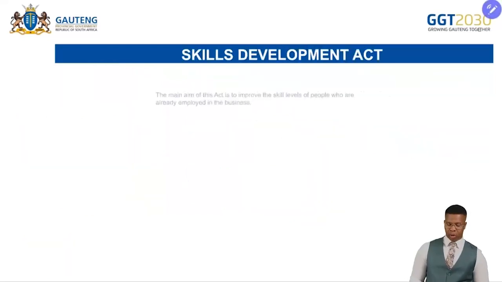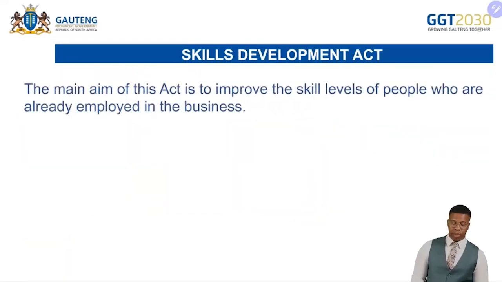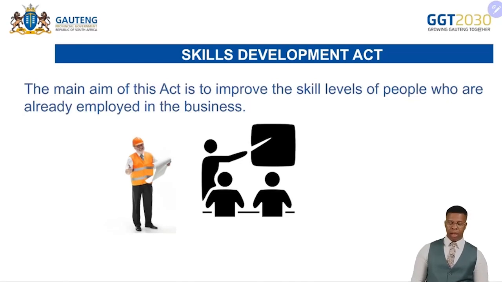Now let's start with our Skills Development Act as a revision of something you did back in term 1. The main aim of the Skills Development Act is to improve the skill levels of people who are already employed in the business.